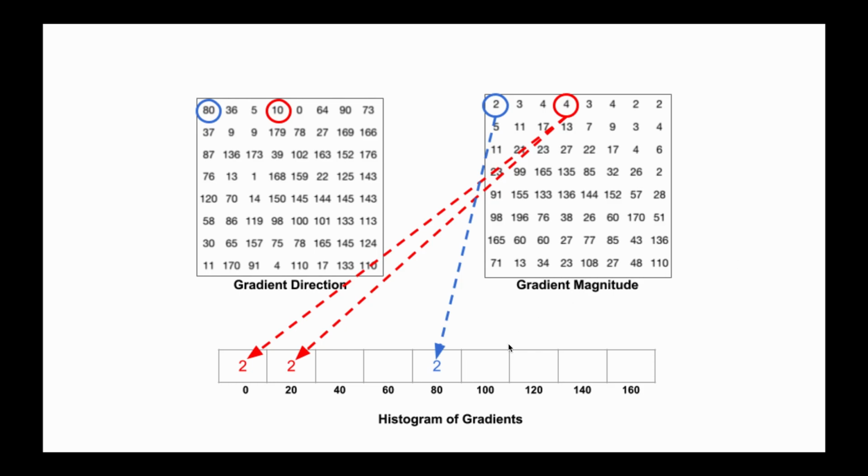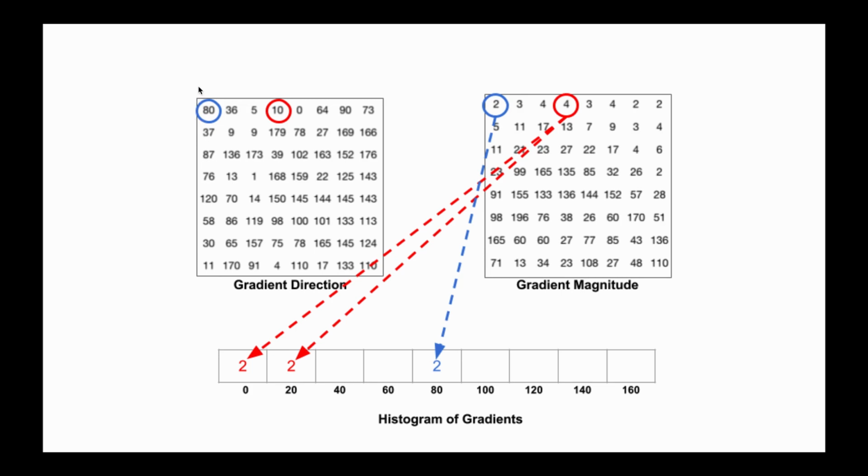Now let's see how to convert this into histogram values. When you look at these 8 by 8 pixel values, a bin is selected based on the direction, and the vote, that is the value that goes into the bin, is selected based on the magnitude. Let's focus on the pixel that is circled blue here.